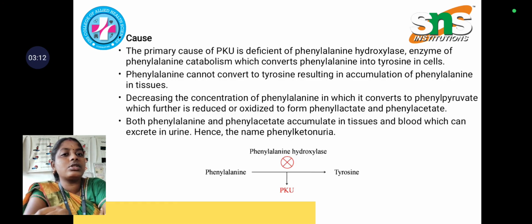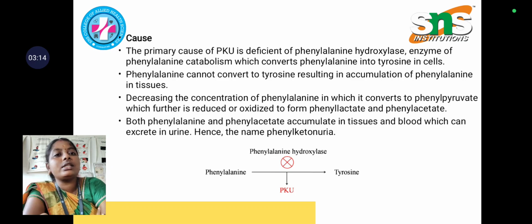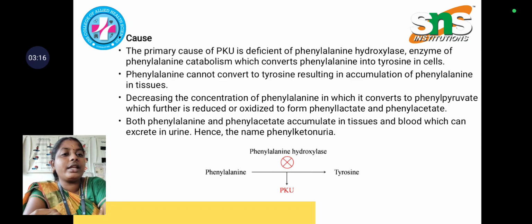The primary cause of phenylketonuria is the deficiency of the phenylalanine hydroxylase enzyme of phenylalanine catabolism, which converts phenylalanine into tyrosine in cells. So phenylalanine cannot convert to tyrosine, resulting in its accumulation in the tissues.